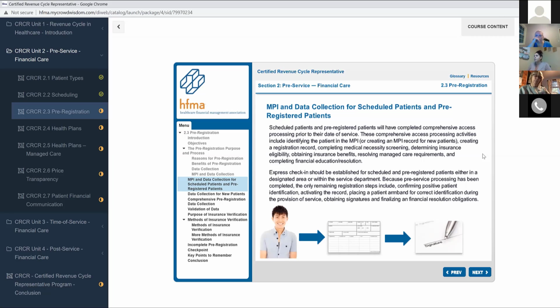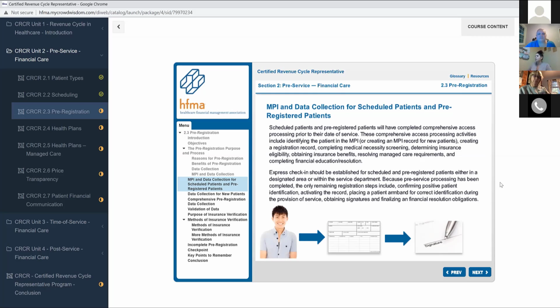Express check-in should be established for scheduled and pre-registered patients, either in a designated area or within the service department. Because pre-service processing has been completed, the only remaining registration steps include confirming the positive patient identification, activating the record, placing the armband with the correct identification, and obtaining signatures and finalizing a financial obligation.